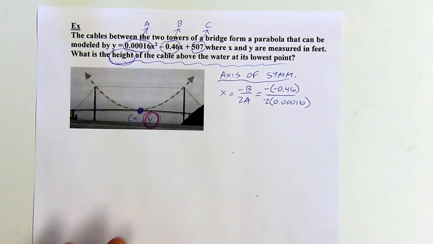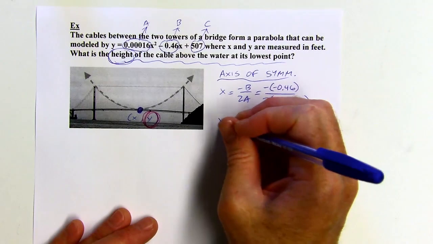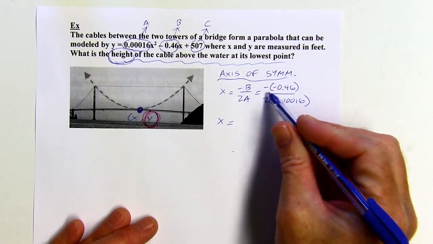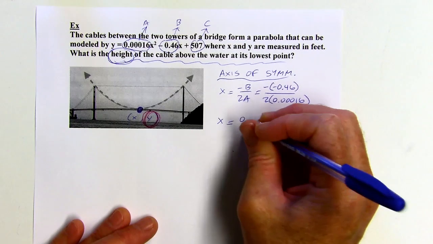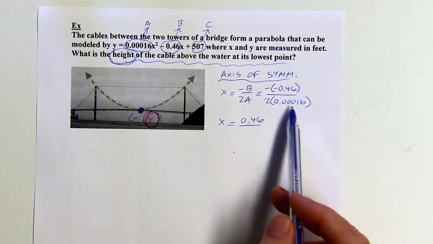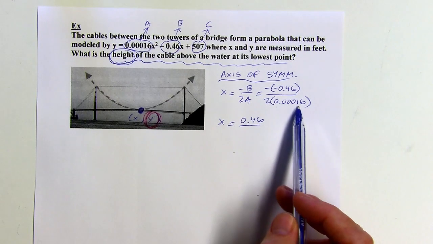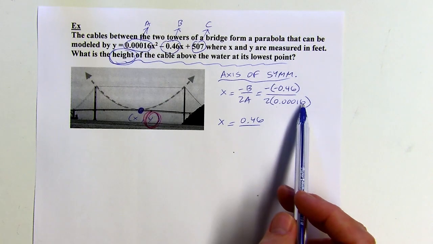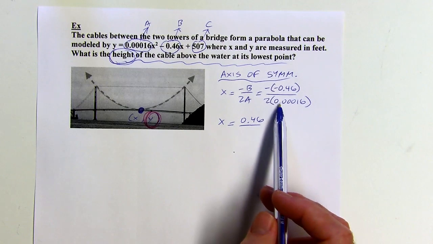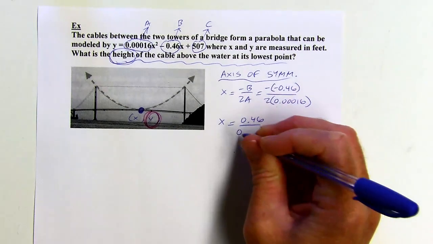All right, so simplifying this. The opposite of negative 0.46 would be positive 0.46 on top. And if we double this decimal here, you can just think about doubling the 16 part. If you double 16, it's 32. So I'm going to have a decimal point and then 1, 2, 3 zeros and then 32.